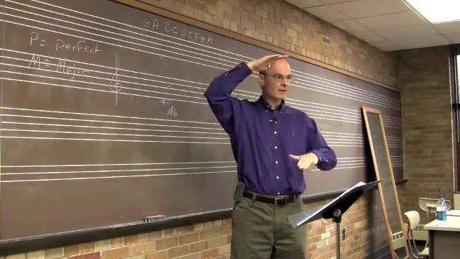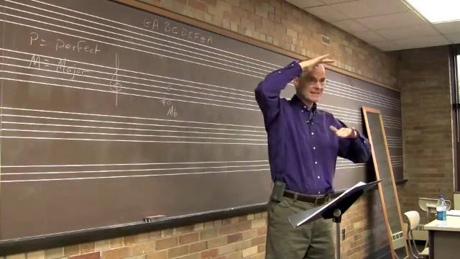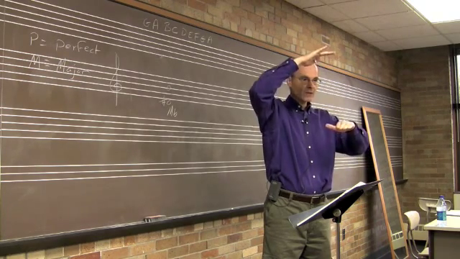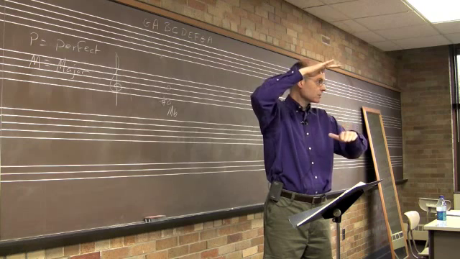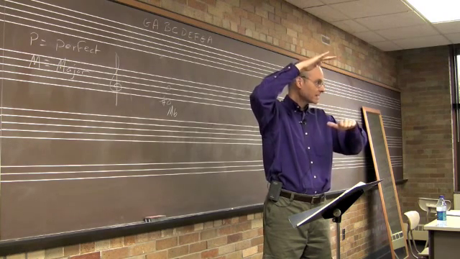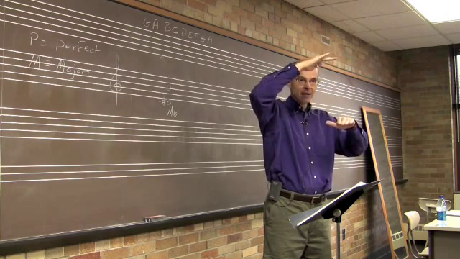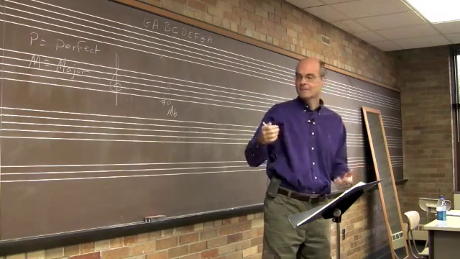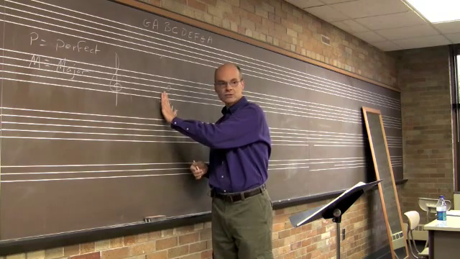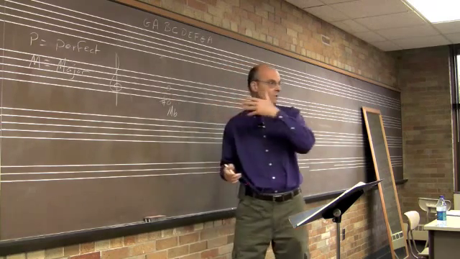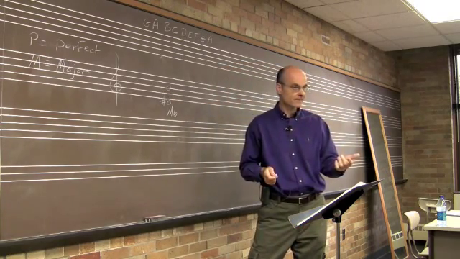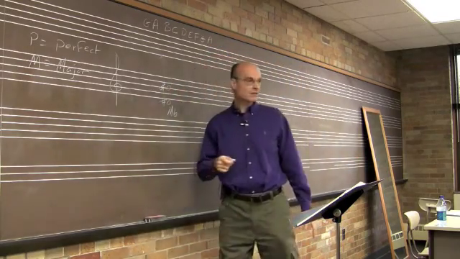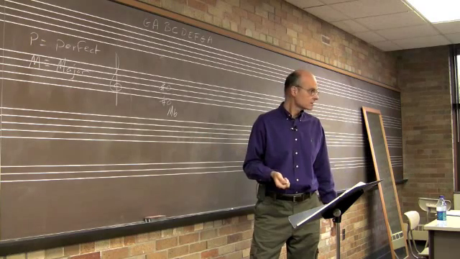So if I'm measuring the distance between the 2 notes, if I say D to B is a major sixth, if I move both notes up a half step, wouldn't they be exactly the same distance apart? If I move them both the same, it's still going to be the same distance, right? So I know that D to B is a major sixth. So D sharp to what kind of B would be a major sixth? B sharp. So now I've got D sharp to B sharp, major sixth.